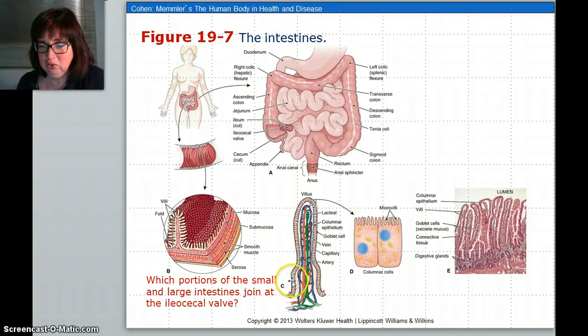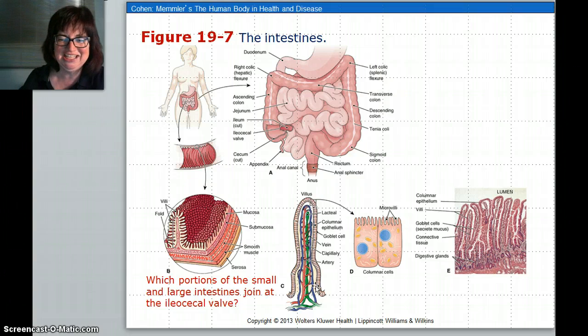Now, when you look at one of these fingers, here's all these epithelial tissues. One of these columnar epithelial tissues is here, but each of these finger-like projections, these villi, has a very good blood supply coming in. You have the capillary coming in, the vein going out, and then you have this green line. This green line is a finger of the lymph system called the lacteal.